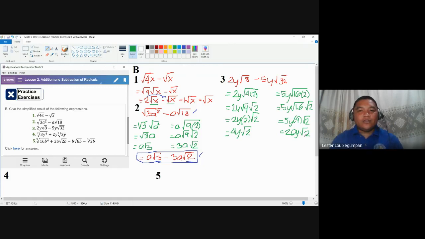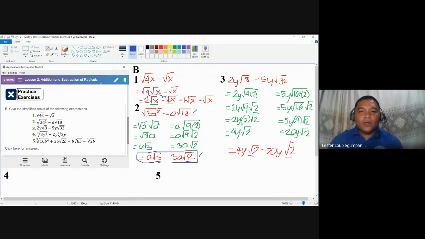Now that the two terms are already simplified, let's combine them. Instead of the given, you will have 4y square root of 2 minus 20y square root of 2. Unlike in number 2, where even after simplifying the radical expressions were still unlike, in number 3 it's now very obvious that they are like terms.